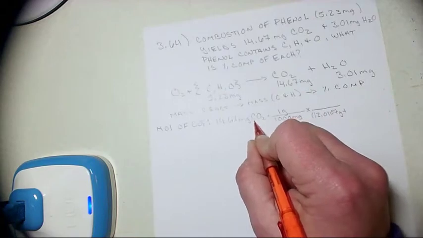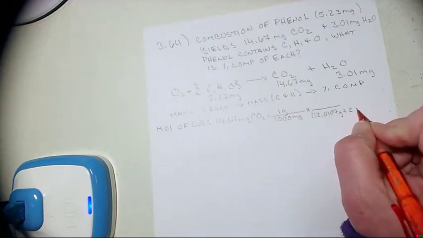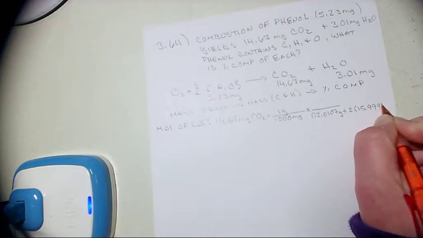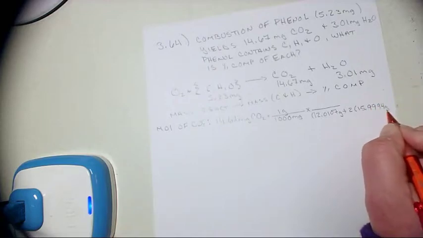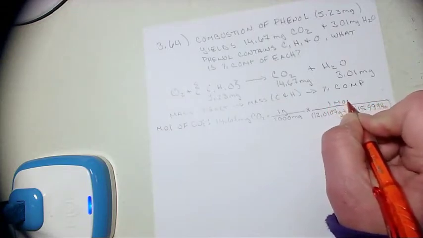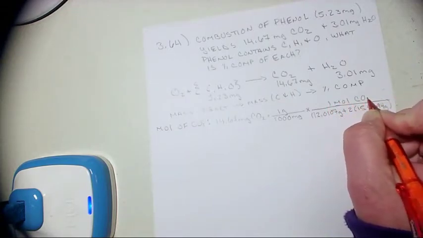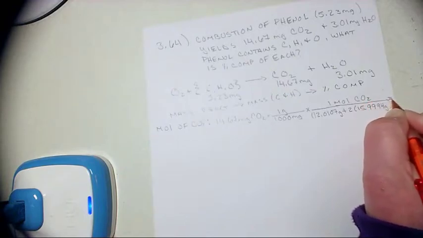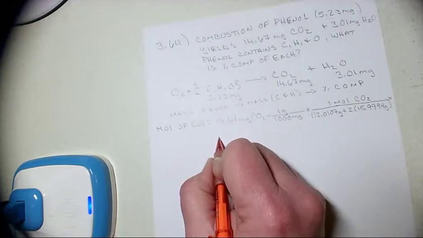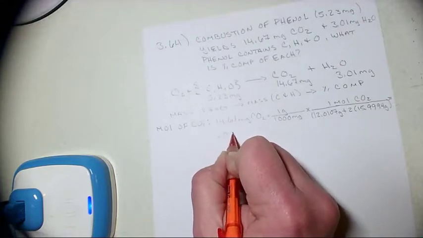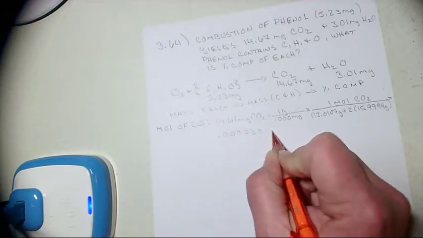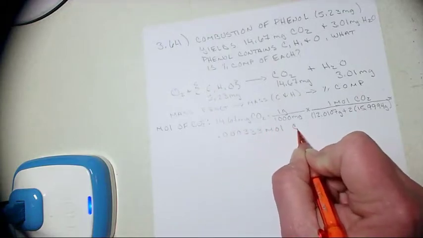So there's just one atom of carbon plus 2 times my 15.9994 grams of oxygen and 1 mole of CO2. And I'm running out of room, so I'm going to write an equal sign and bring it on down here. So this equals 0.12333 moles of CO2.